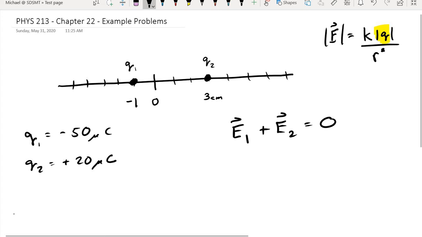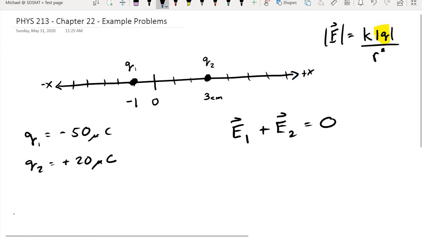So with that in mind, I want to just draw what the field lines are going to look like for each of these charges as they sit on this one-dimensional reference frame. We essentially just have an x-axis here.